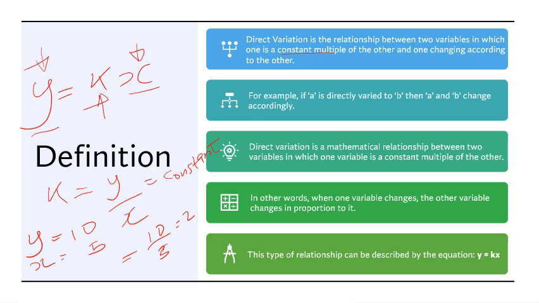So it means ngati y wakwera kubwera pa 20, x inso akuyeneka kukwera in a way yonena kuti 2 yakhalebe 2 yemweyo. In this case, x akuyeneka kubwera pa 10. If you divide 20 by 10, you will still remain with 2. Okay, so this relationship is a direct relationship.